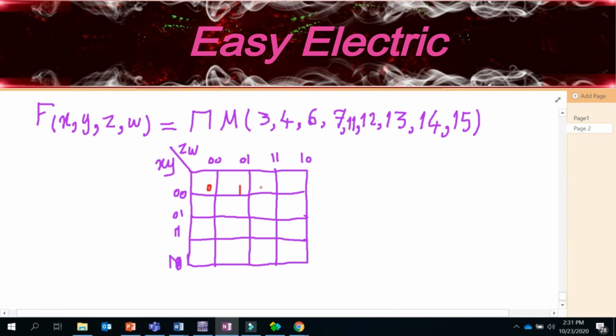The next should be term 3, then term 2. Okay, so go to the next: this is 4, this is 5, this is 7, this is 6.